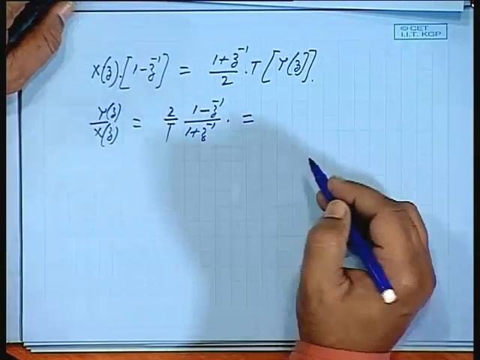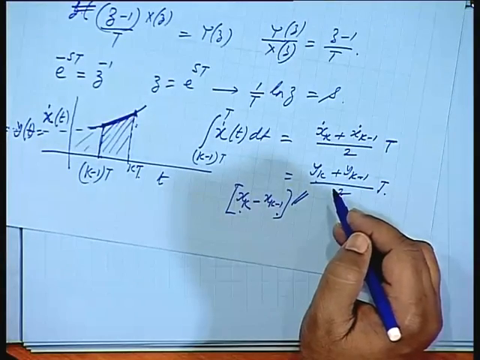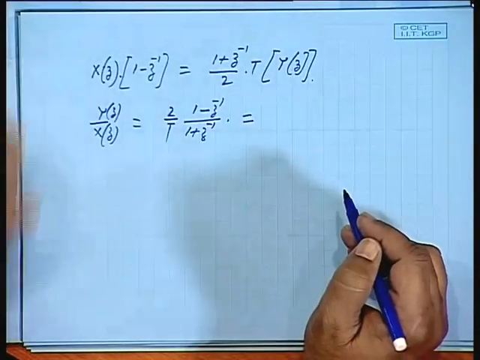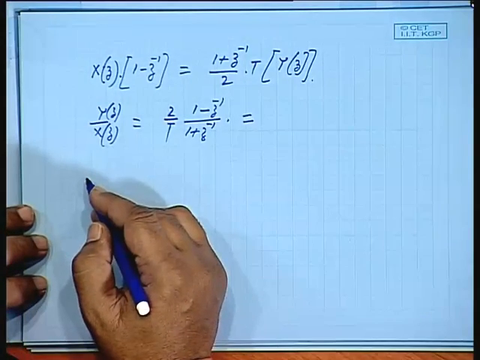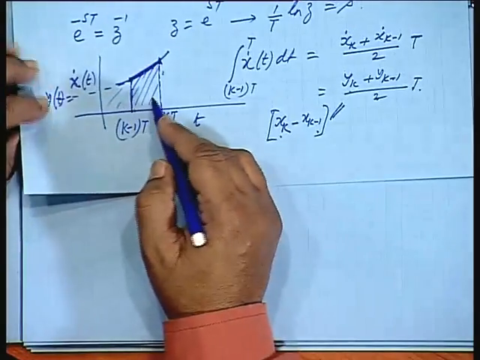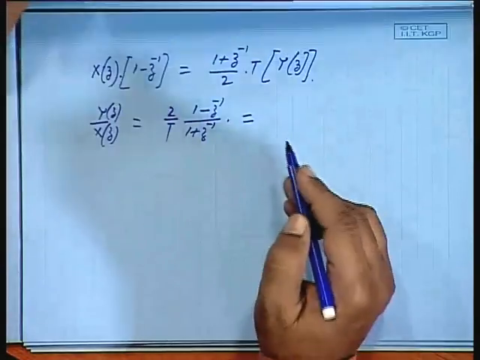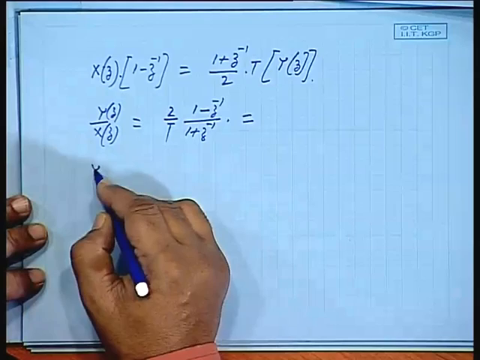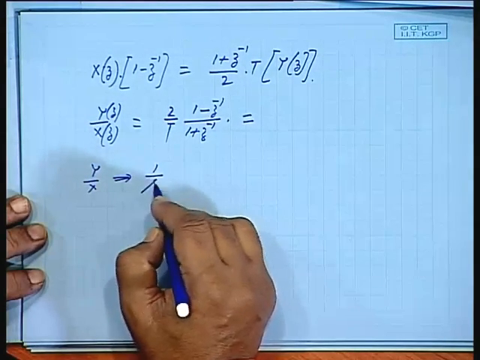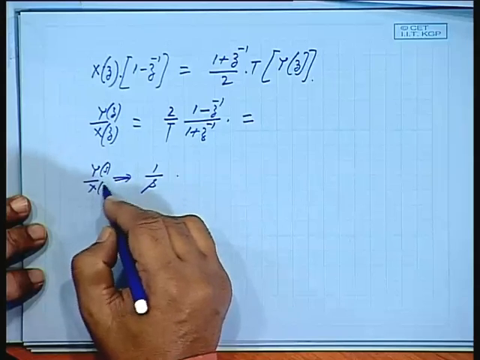What is y by x? It is 1 by s. We are performing an integration operation, so y by x is 1 by s in the s domain.